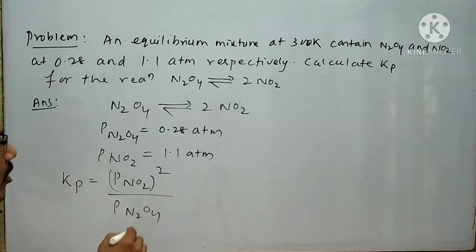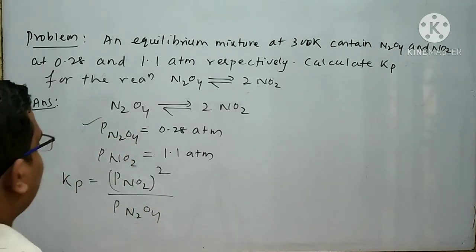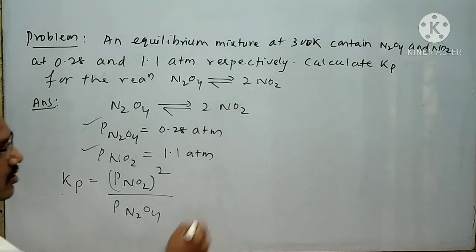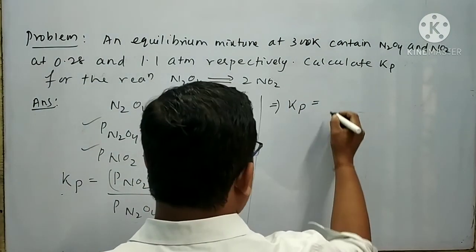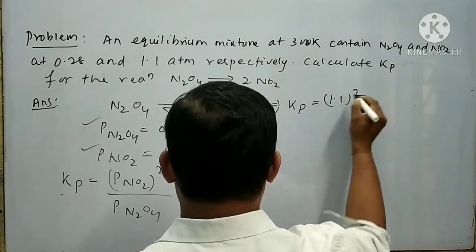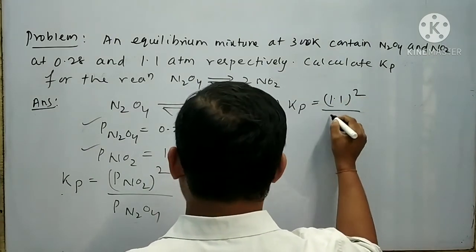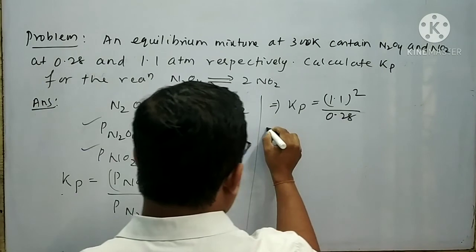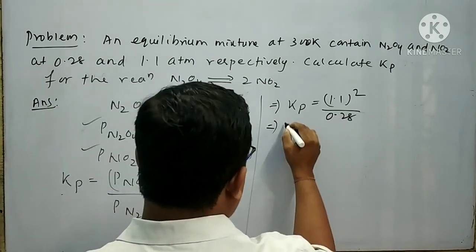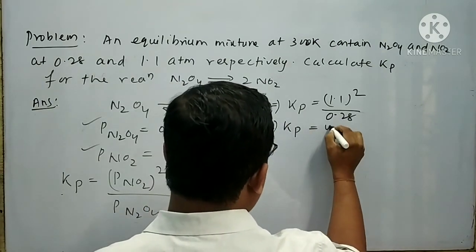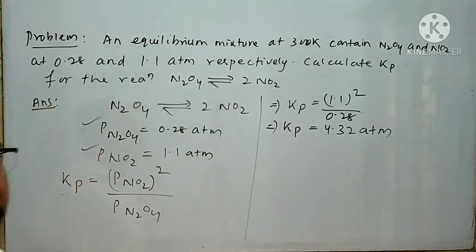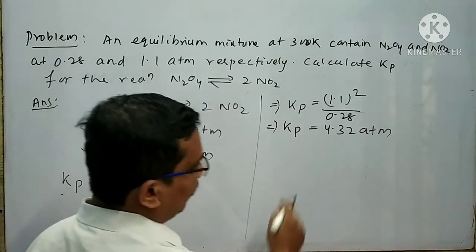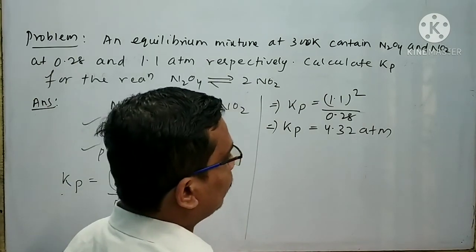Now put the value of PN2O4 and PNO2 in this equation. Then I can write Kp equal to 1.1 to the power 2 divided by 0.28. After solving I can write Kp equal to 4.32 atm. Now I need to find out the value of Kp. So the value of Kp equal to 4.32 atm.